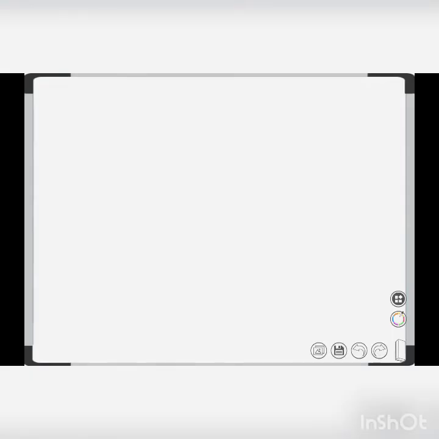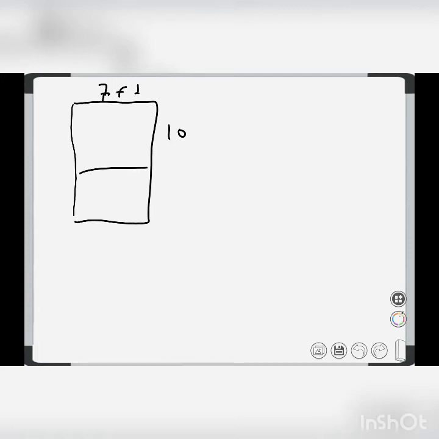All right, my screen recorder likes to crash the whiteboard program I'm using, but we'll keep going. So we knew that 10 is about how high our rectangle is. So we have 7 feet on the top, and we know there's 98 in the middle, but let's put that 10 number here. 10 times 7 is an extended multiplication fact, and we should be pretty good at that. 10 times 7 is the same as 7 times 1 is 7 with a 0 on the end.